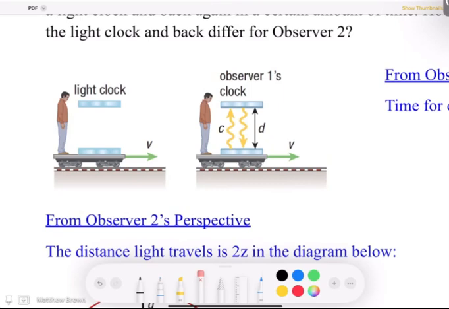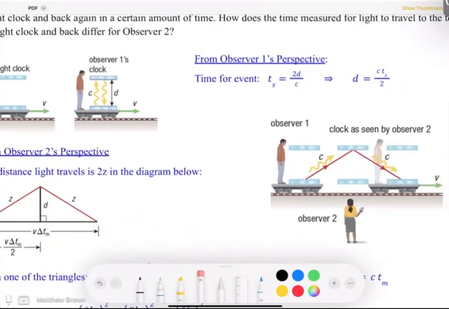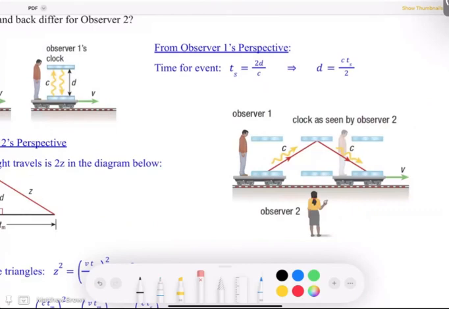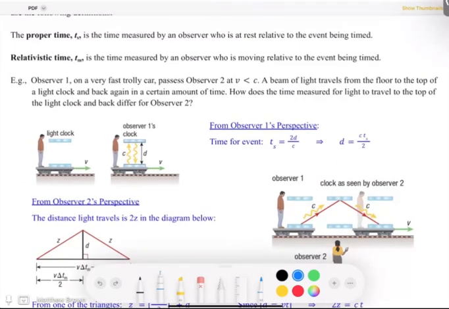Now we want to know how long that event takes for observer 1. Then we want to figure out how long that event takes for observer 2, who sees this person and the trolley car moving with speed v. This is where the consistency of the speed of light comes into play.